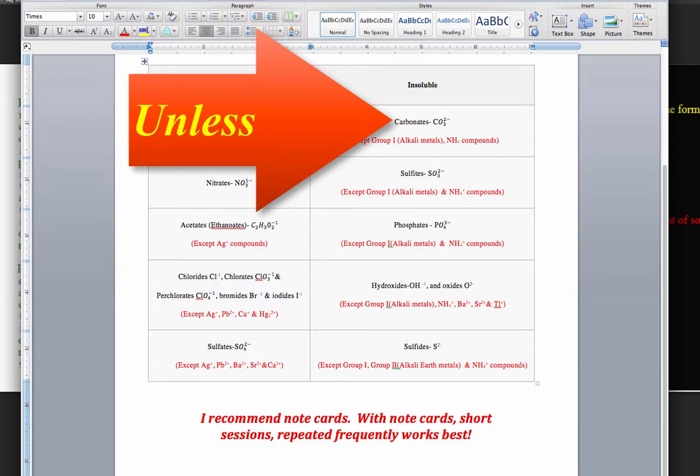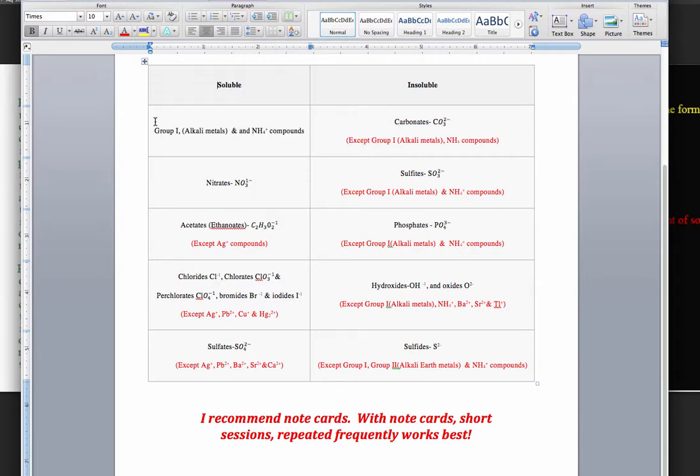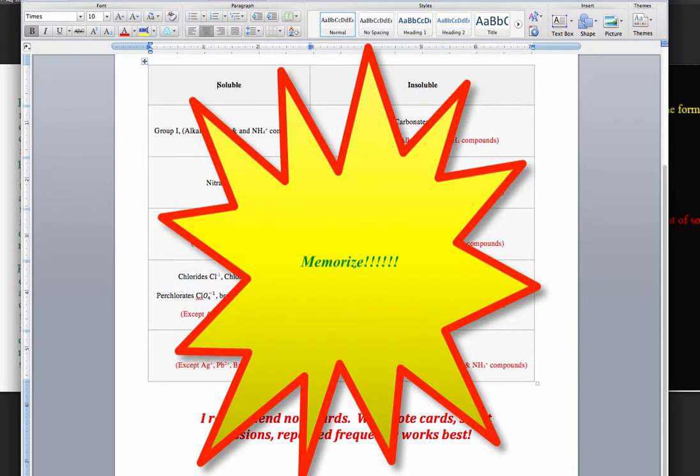So the 1A alkali metals and NH4, those are the cations, the plus compounds. Carbonates, if they're attached to the anion of a carbonate, then it's going to be a solid. Okay, nitrates are soluble, whereas if we have sulfites, they're insoluble. Okay, just go through, memorize this table.